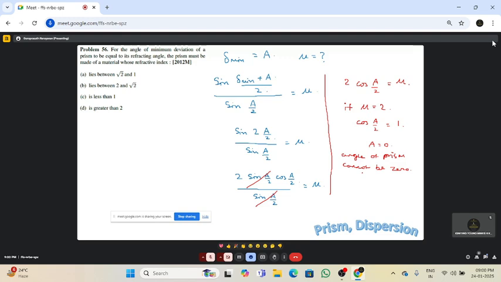So suppose if I take A is equal to 90, again this is more like an option. You have to think about all the options possible, right? So this is 1.4.